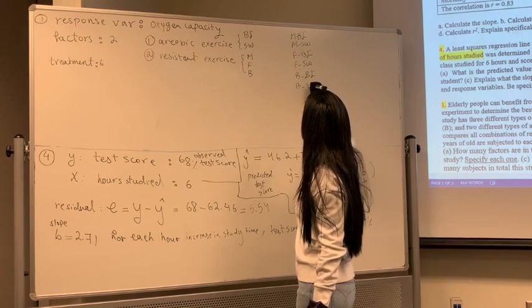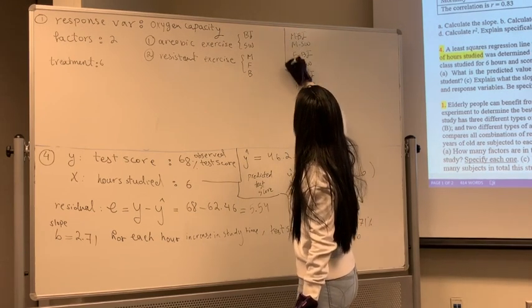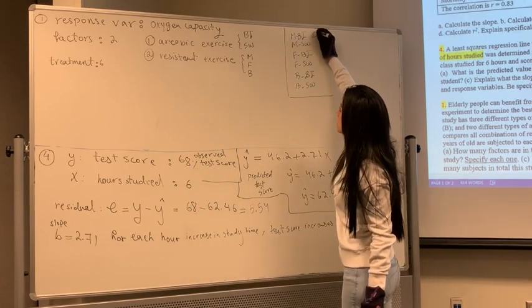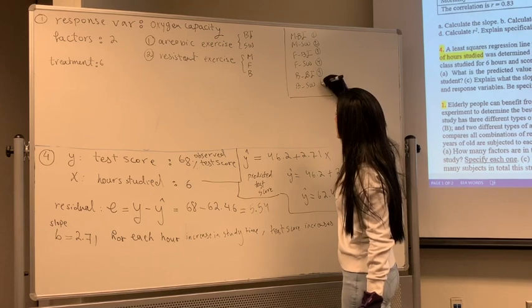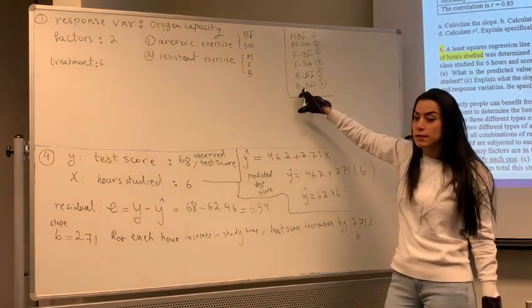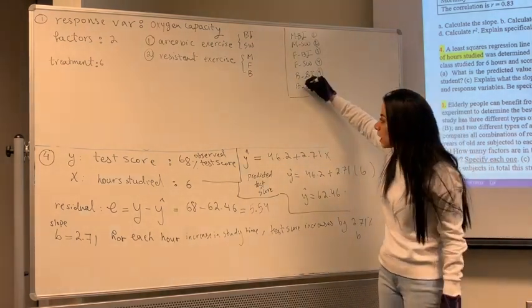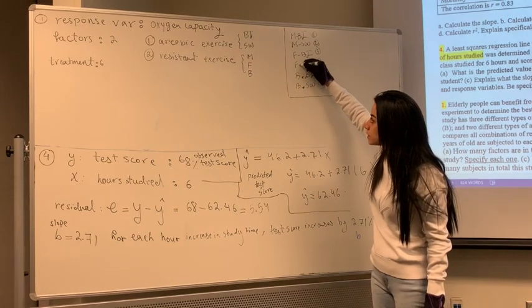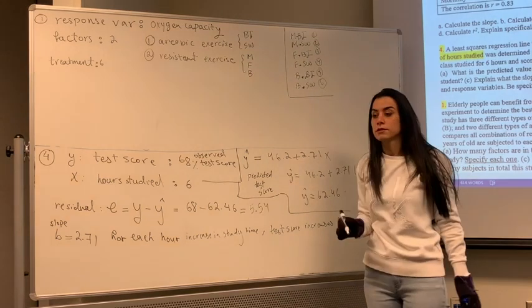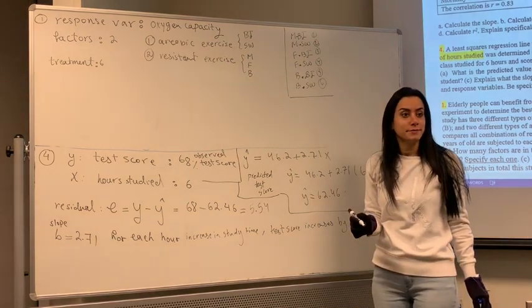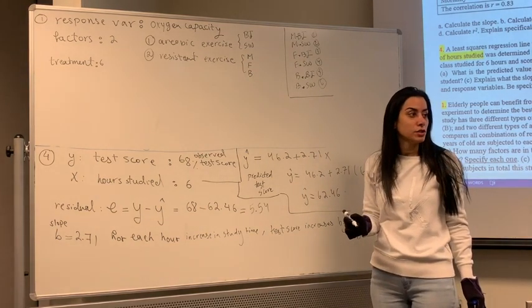These are all the treatments. 1, 2, 3, 4, 5, 6. Again, these are not subtraction. We could put dots between them. This means we are combining these. Correct? Do you have any question?